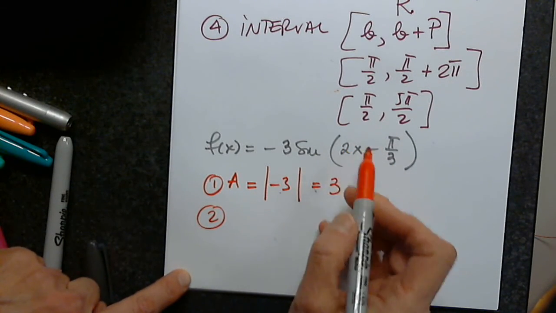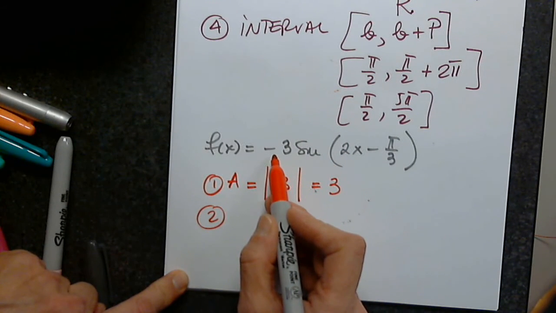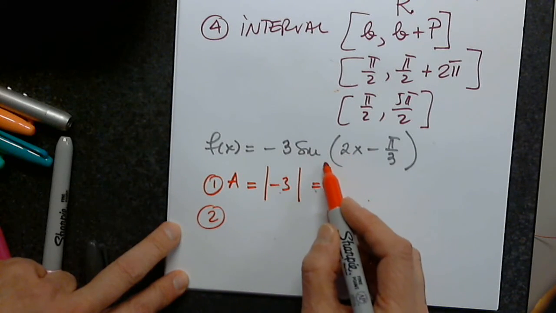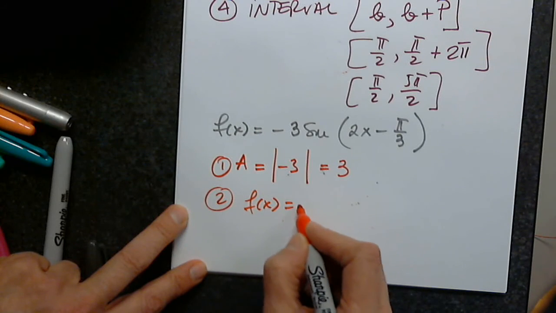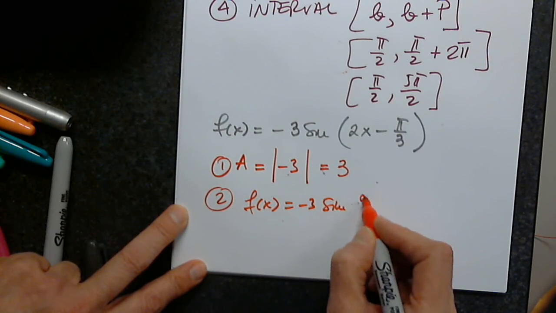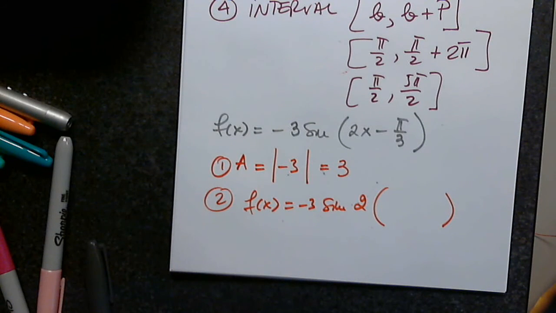I have to factor out 2. But do not think of factoring it outside of sine. You cannot do that. You can only put it in front of the parenthesis. So then I write f of x equals -3 sine twice. And now I have to be careful because I cannot just make up stuff. I have to make sure that what I write in parentheses is accurate.